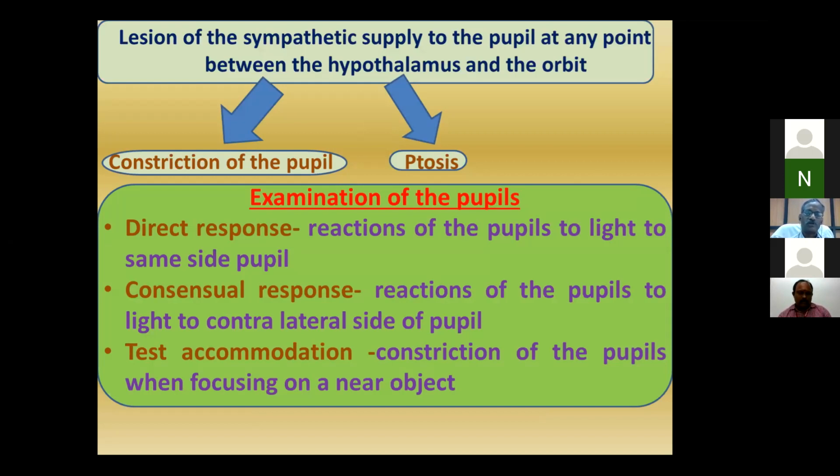When you go for examination of the pupil, there must be 3 things. One is we want to examine the direct response when light is put on the same eye. Next, the consensual response in the opposite eye. Next, accommodation we must see.